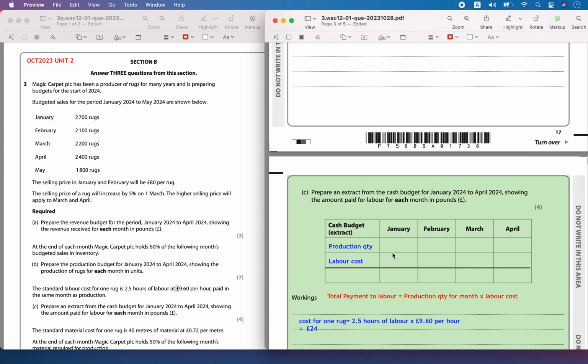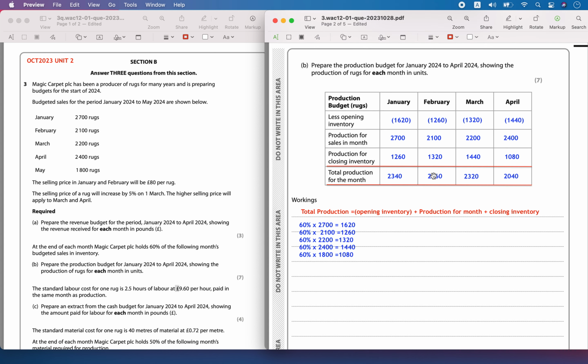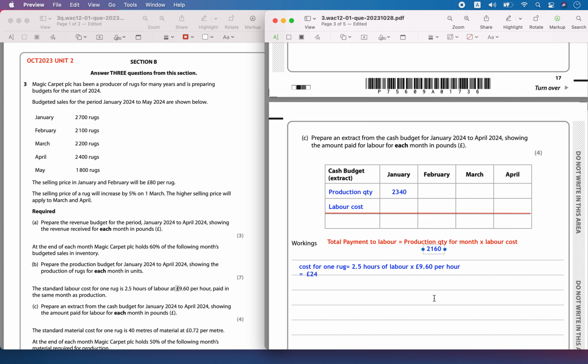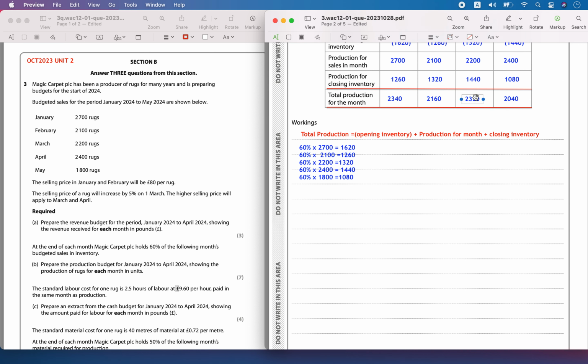So the first one is 2340, so let's put it here from the production budget. The quantity that needs to be produced for January was 2340, then 2160 for February. So you are just going to fill it up from the previous part.